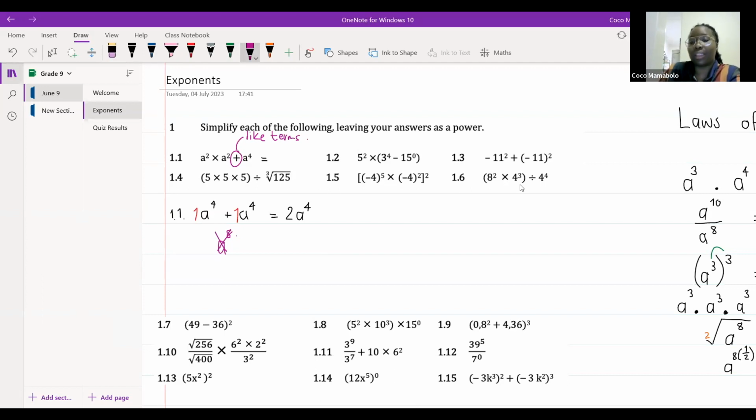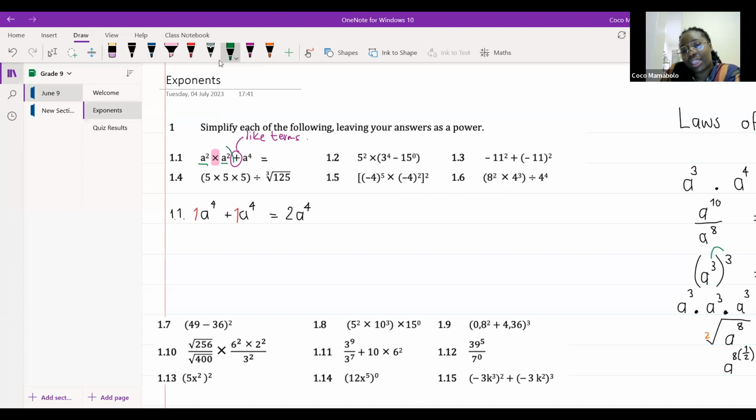So we need to make sure that when we're doing this, we are doing it one after the other. And I can re-explain 100%. All right, so this is a multiply sign, and BODMAS dictates that we do multiplication first. So I have a to the power of 2 multiplied by a to the power of 2.